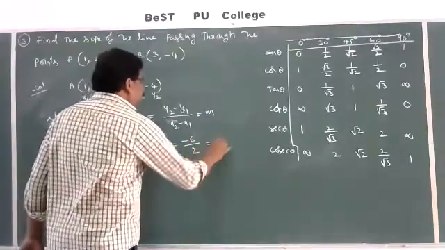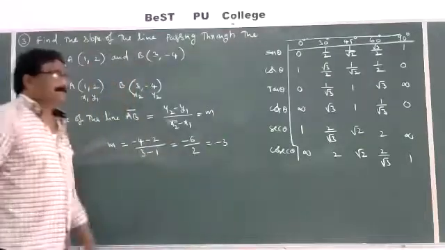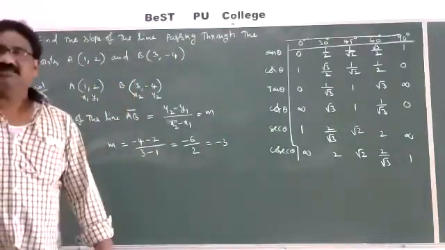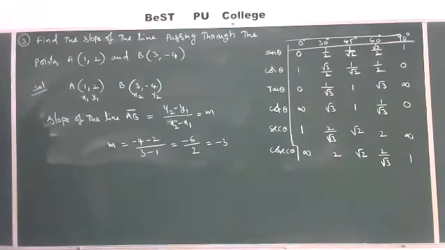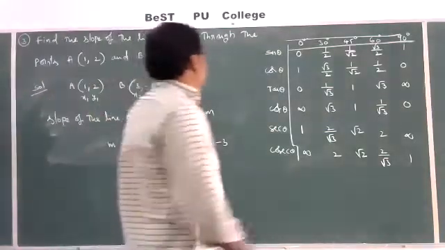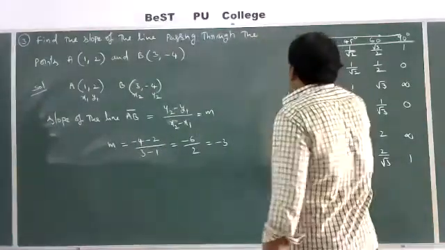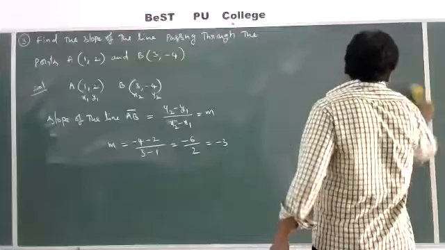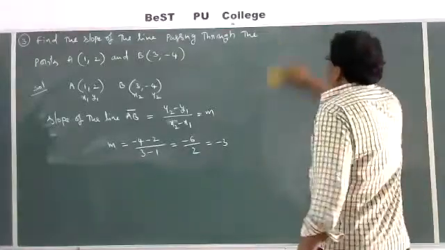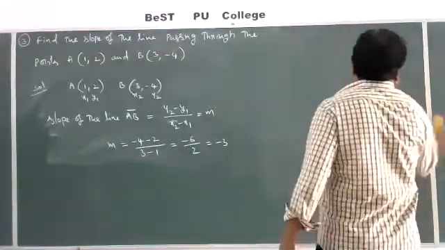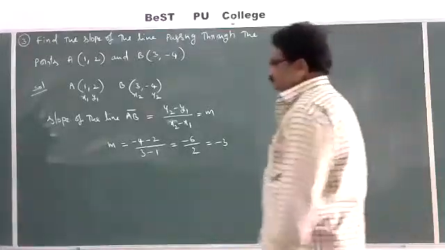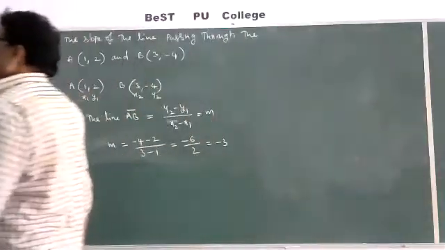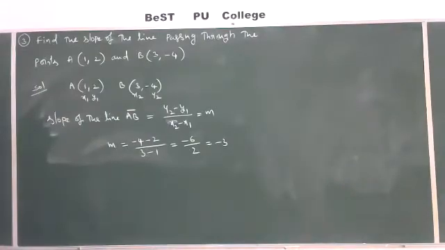Minus 6 by 2 is minus 3. Therefore, the slope of the line is minus 3.